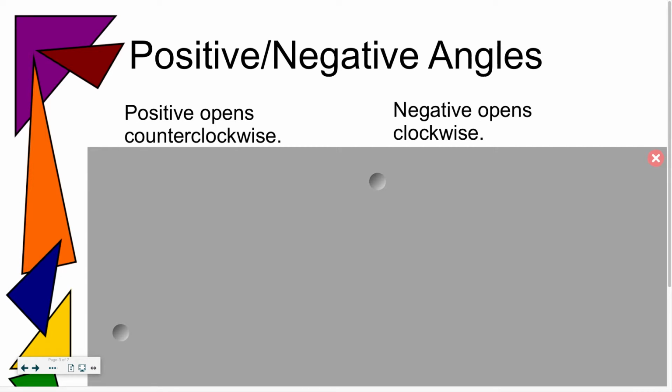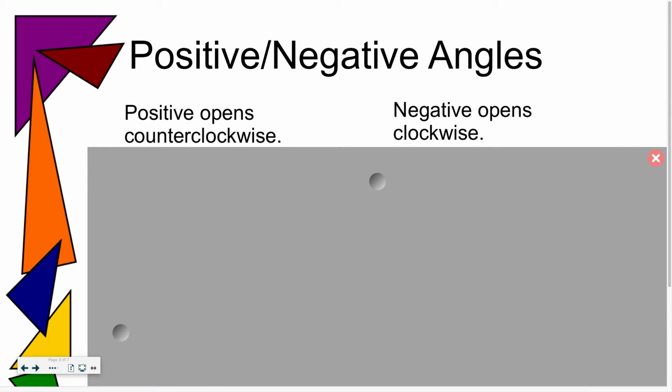So we have what we are now going to call positive and negative angles, which, if you really like geometry and you're always thinking about geometry, this part might be a little bit confounding to you. How can you have a negative angle? Well, it's just talking, for us on the coordinate plane, about the direction that we're going to open. Positive angles open counterclockwise.